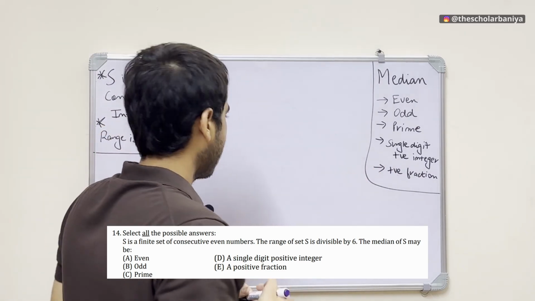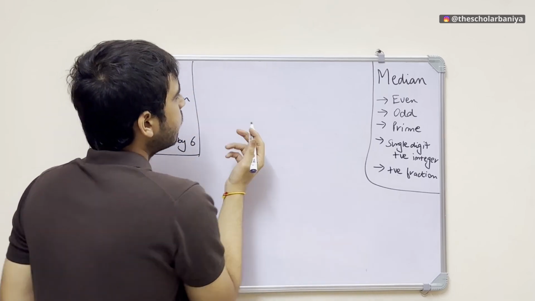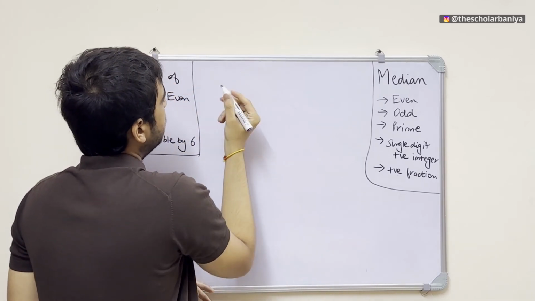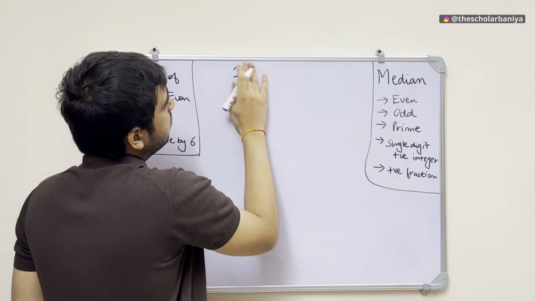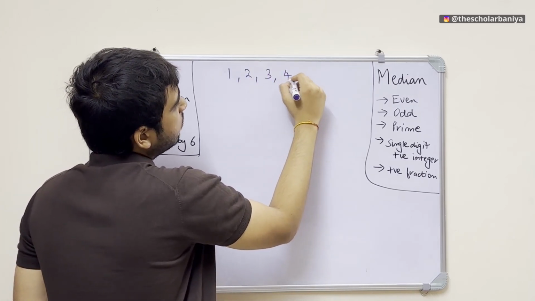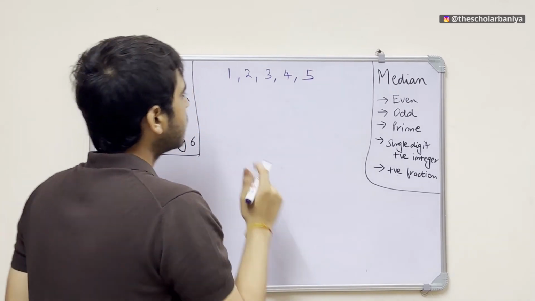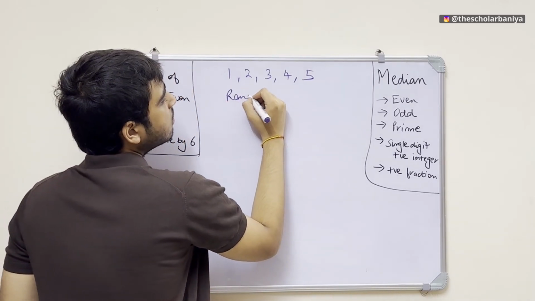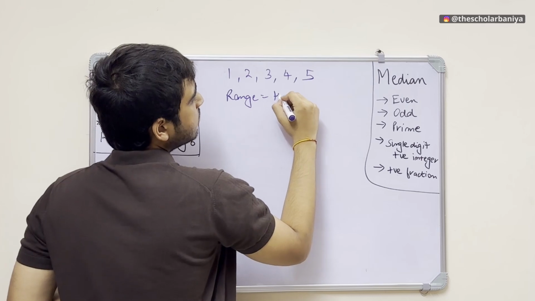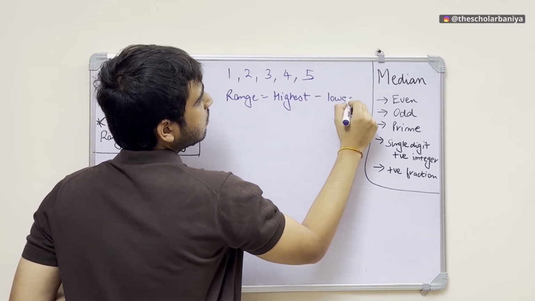So I think I've told you what a range is, but just to clarify, for example, if this is a set, 1, 2, 3, 4, 5. Just telling you basic things. Range means highest minus lowest.